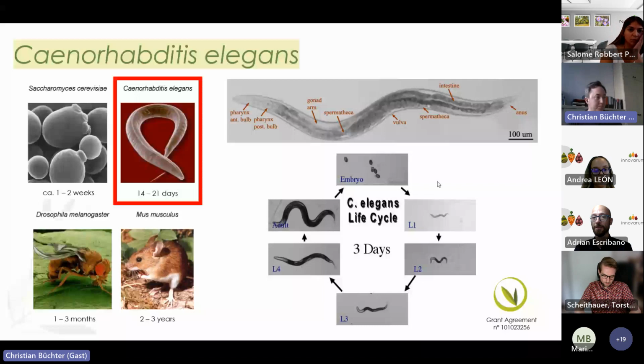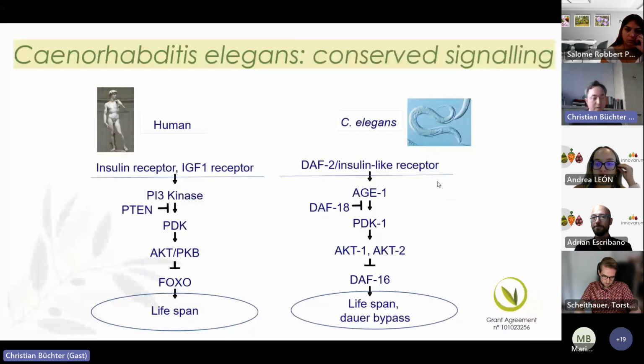So why is it still a very suitable model organism for the research on the effects of natural compounds? It is because C. elegans shares a lot of evolutionary conserved signaling pathways, like for example here the insulin IGF-1-like signaling pathway.